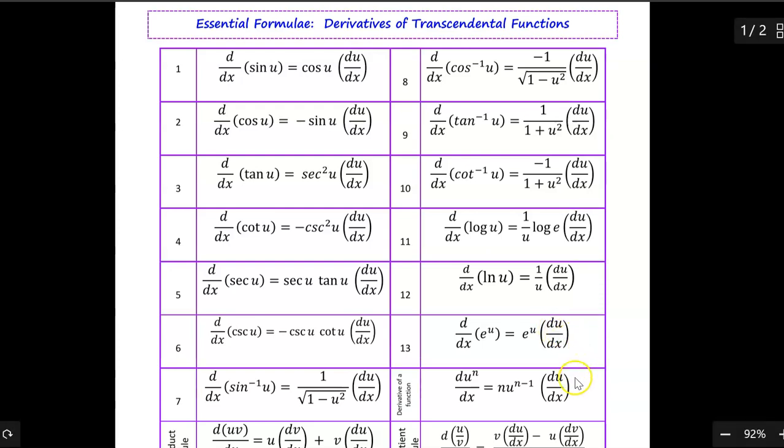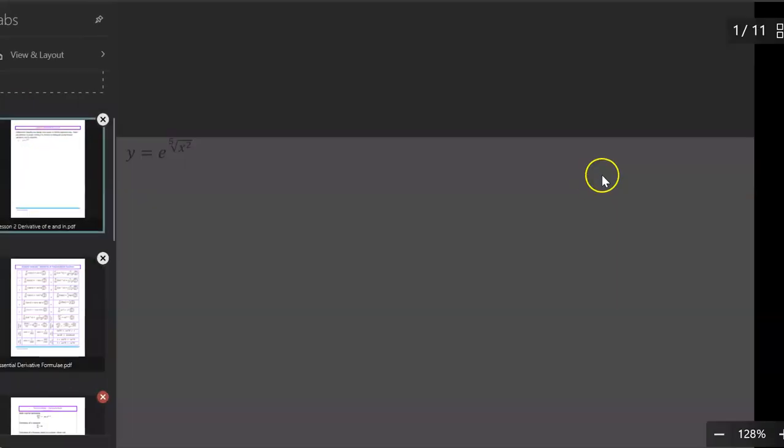So we still have to apply the power rule or the chain rule, and if there's a product rule, we have to follow these formulas right here. And in case we have two functions divided into each other, then we have to apply the quotient rule. Alright, so let's get back to our lesson.